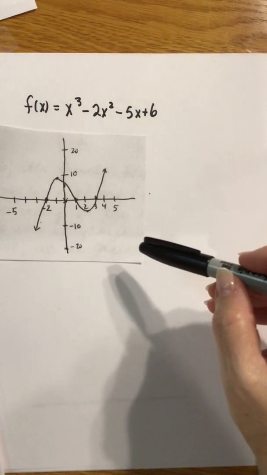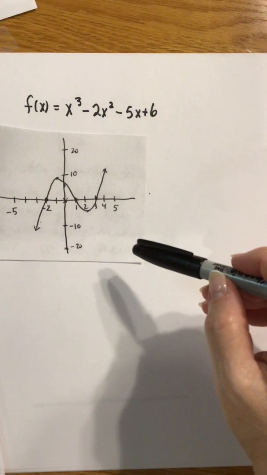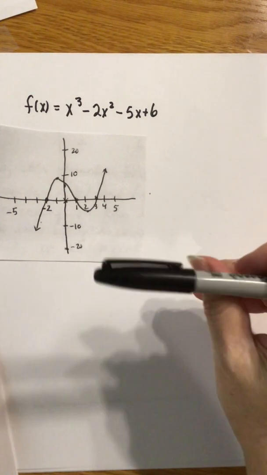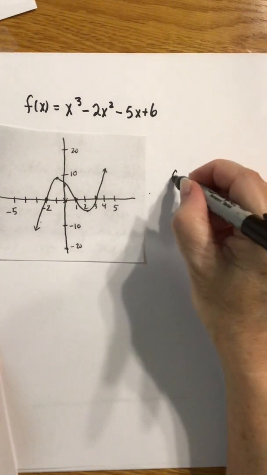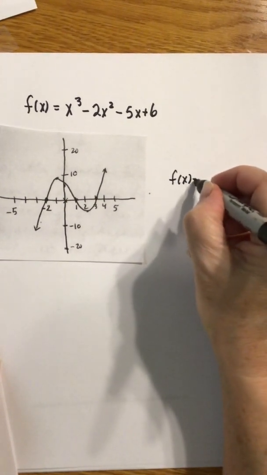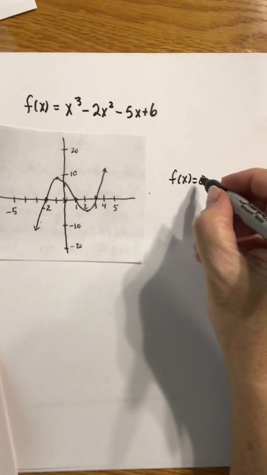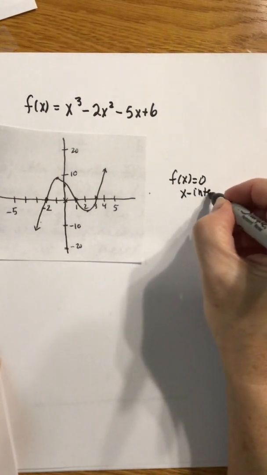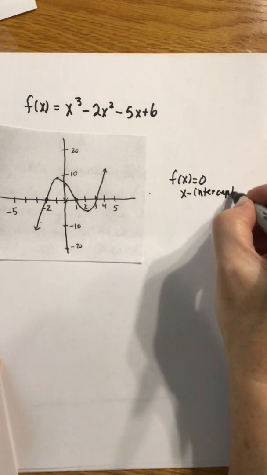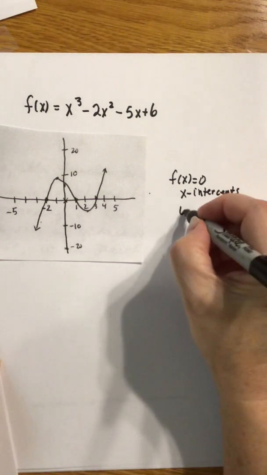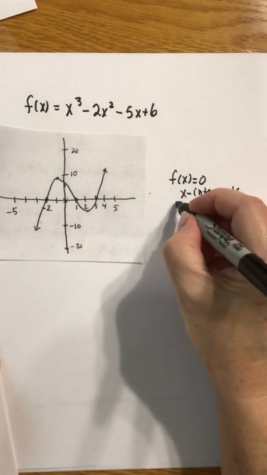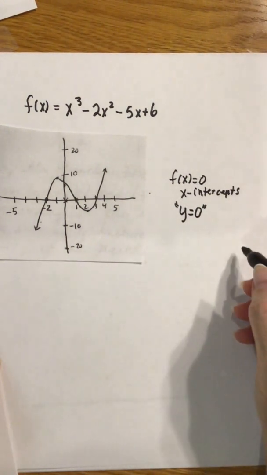Now, the next thing we want to look at is where is f of x equal to 0? If f of x is the y value, we're looking for where f of x is equal to 0. Those are called the x-intercepts. We're looking for y, where y equals 0, because that's f of x, right?